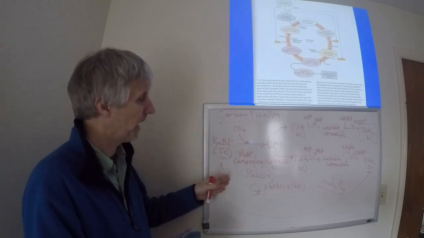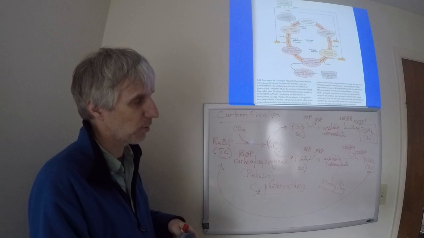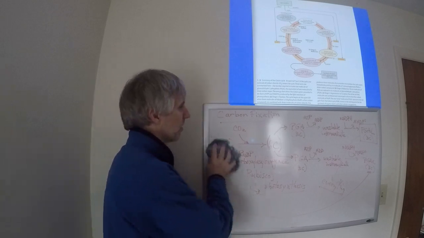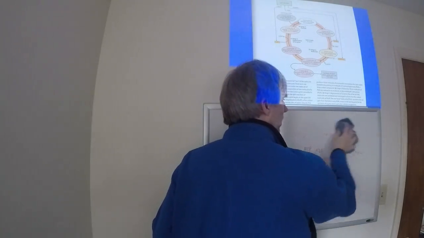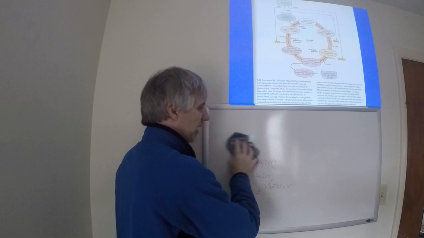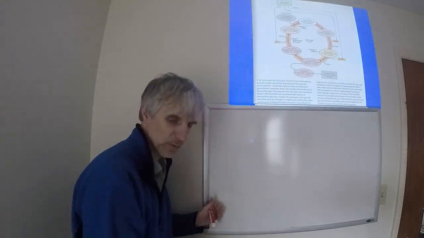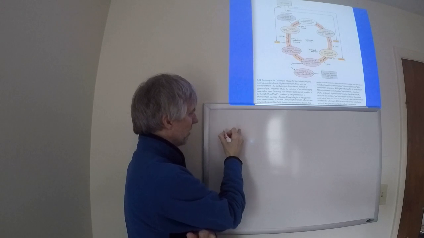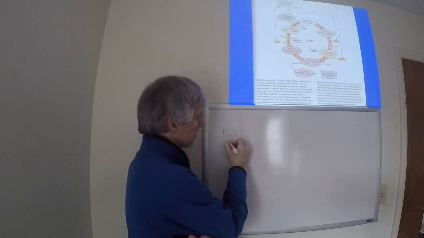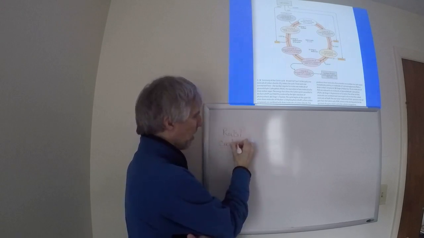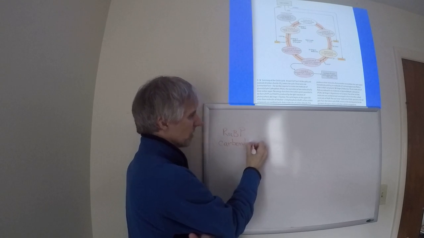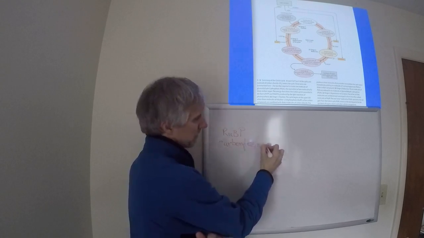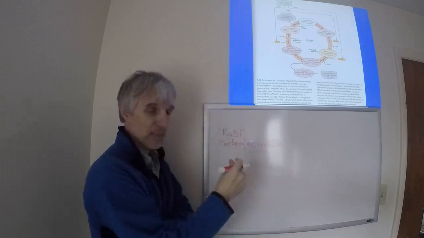Now let's go ahead and show the dark side of things, or what I hinted at before, which is plants are starved for CO2. There's not enough of it. And because there's not enough of it, the enzyme that's used by all photosynthetic organisms has a problem.